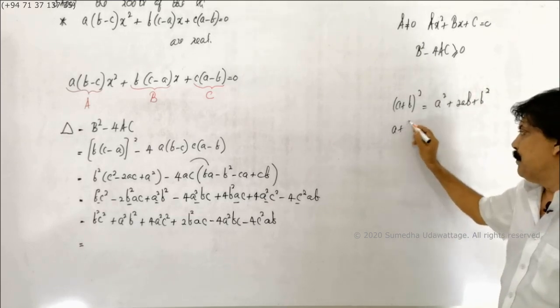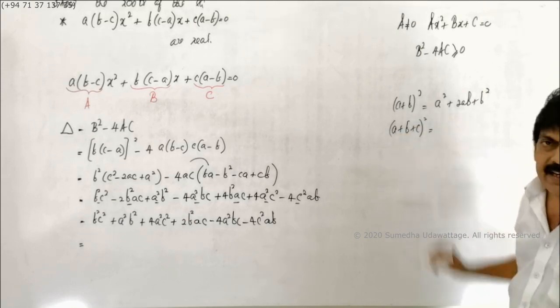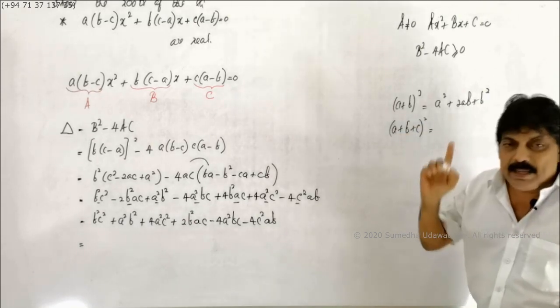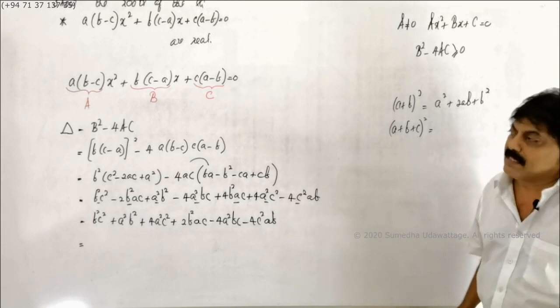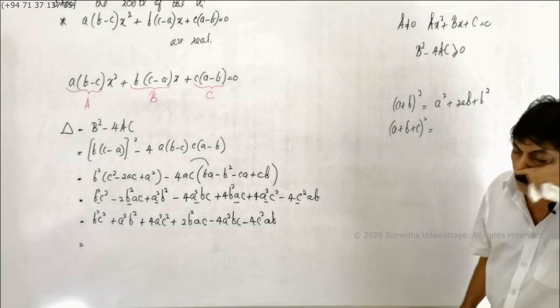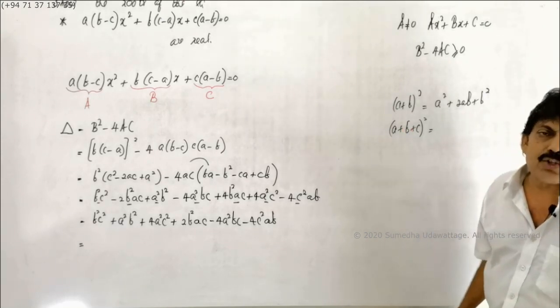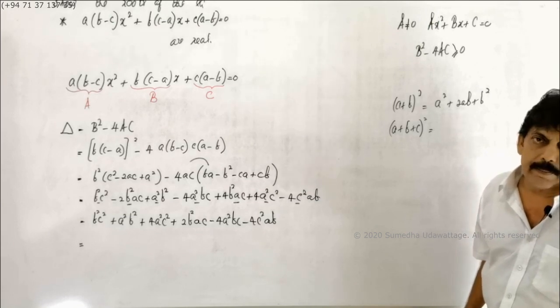Then a plus b plus c square. Now, if you have even a small difficulty in understanding, please go to the first video I did on quadratics, and then come back to this, because I did a similar easy question at the end of the last video.